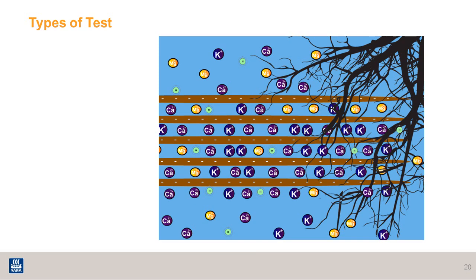And here's a graphic representation of what each of the soil tests will measure, just to give you a better visual than the previous slide. So we have the saturated paste extract, which only measures the nutrients that actually are in the soil solution.